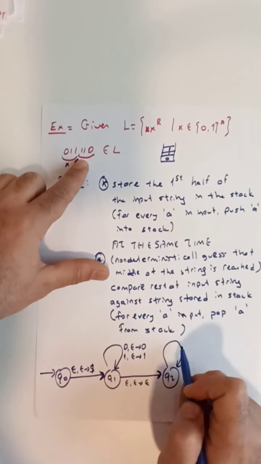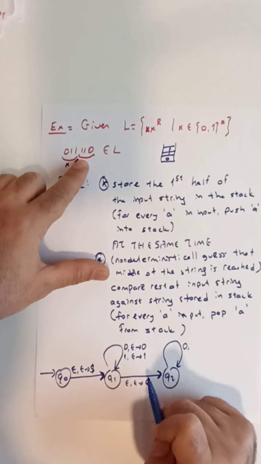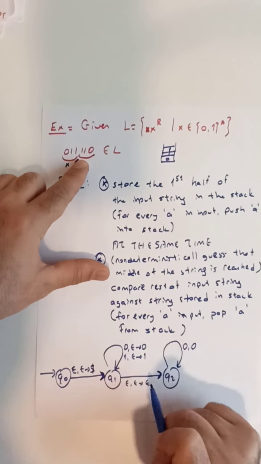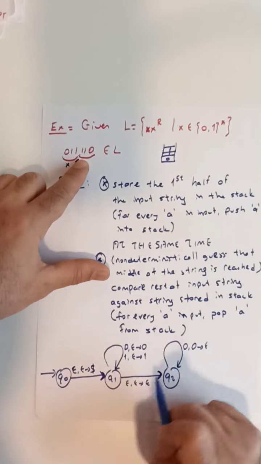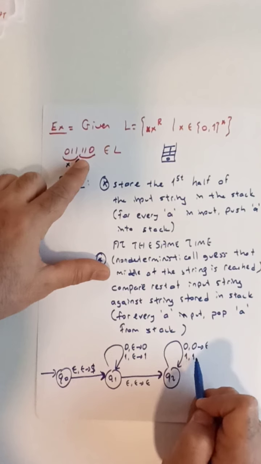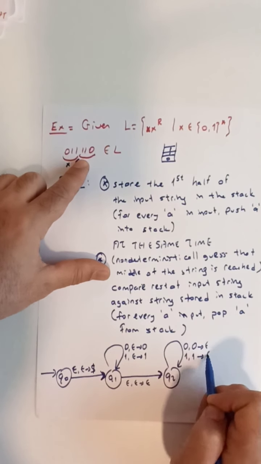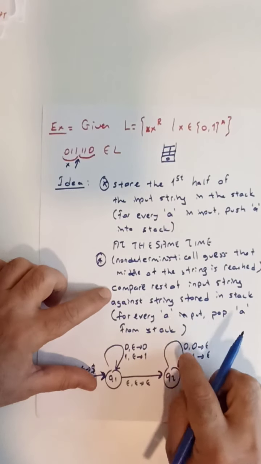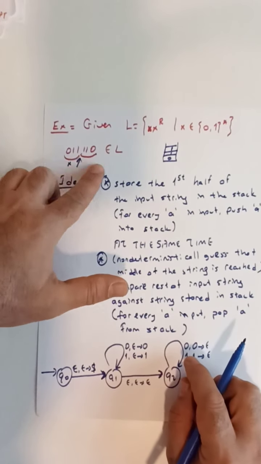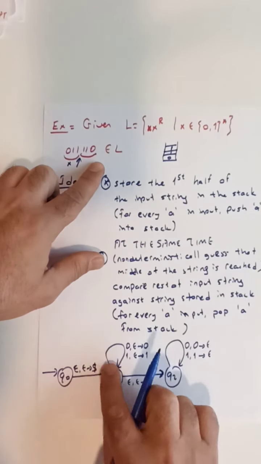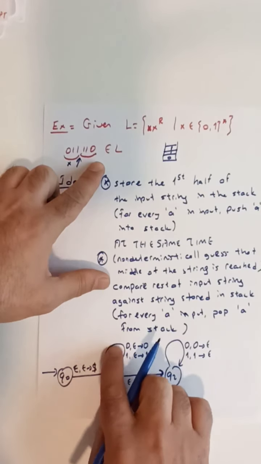At Q2, if you read a 0 from the input, pop exactly the same symbol 0 from the stack and don't push anything. Read a 1 from the input and pop exactly the same symbol 1 from the stack. So with this loop, we are comparing the second half of the string against whatever we have in the stack, which was stored within the first loop.